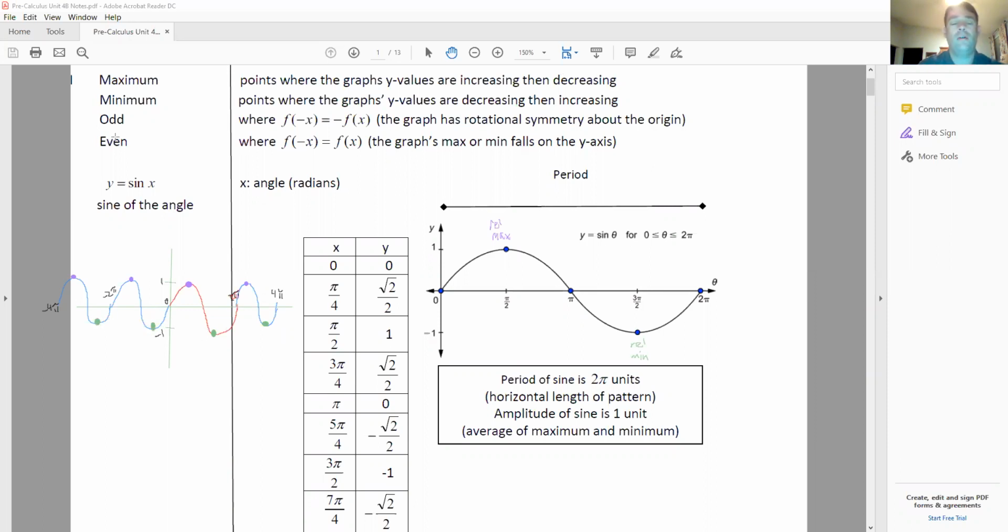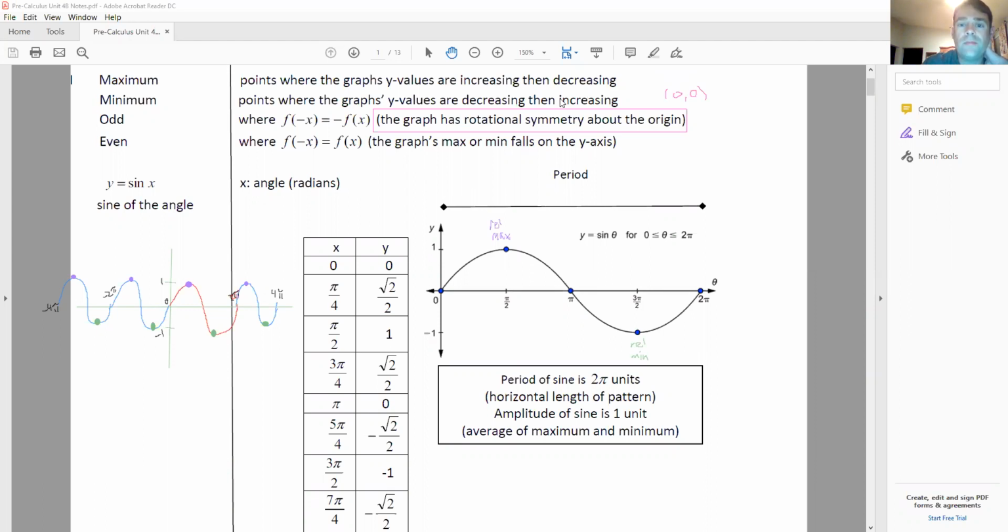We've already talked about how sine and cosine can be odd or even, but in terms of graphing, there's a real easy way to tell. If it has rotational symmetry, like a pinwheel around the origin, which is the point 0, 0, then it will be an odd function. We're going to get a lot more of these odds and evens here.